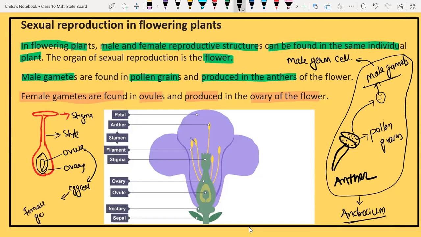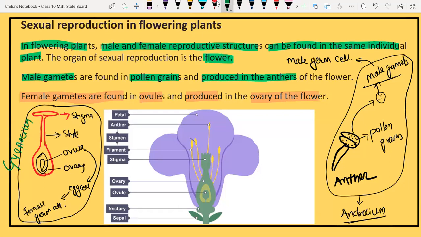This complete part of the flower is the female reproductive part, and it is called gynoecium. G-Y-N-O-E-C-I-U-M. It is called gynoecium.